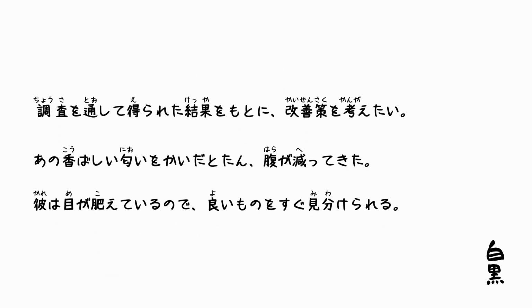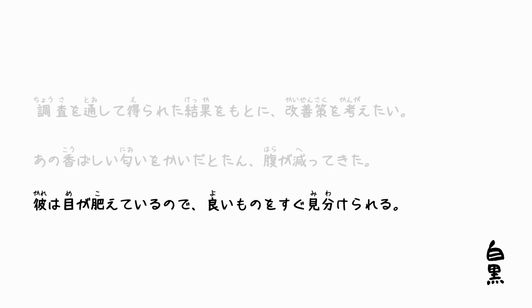First up, nouns. 調査を通して得られた結果をもとに改善策を考えたい。あの香ばしい匂いを嗅いだ途端、腹が減ってきた。彼は目が肥えているので、良いものをすぐ見分けられる。Correct. もの is a pattern D noun.